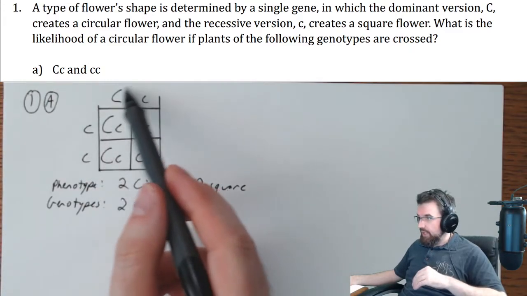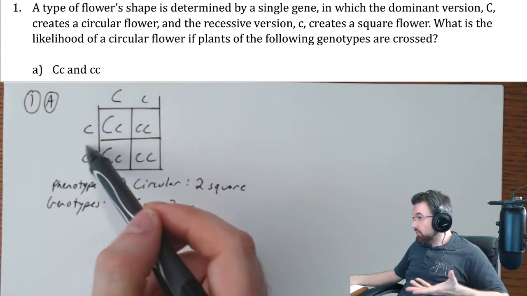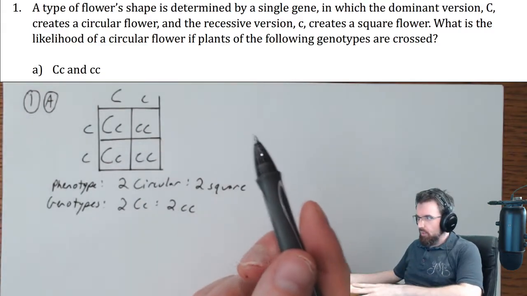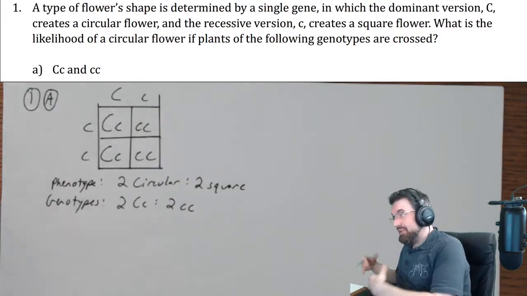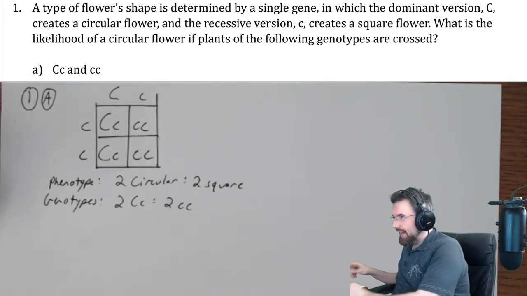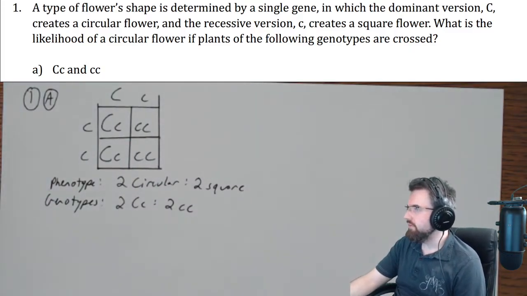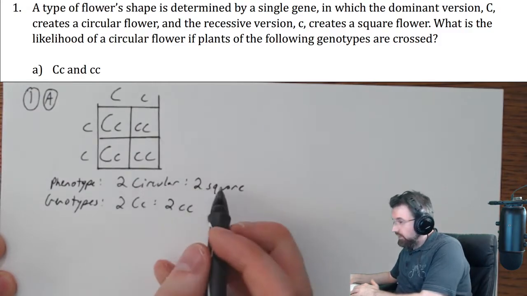And you see that if a carrier would have children with someone who had it, then there would be a 50% chance to have it if this is the way it works. Okay, that might be a little bit confusing. We'll scratch that for now. But you would see that sort of stuff talked about if you went on to do more about dominant and recessive genes. But here anyway, we have half of them circular, half of them square.